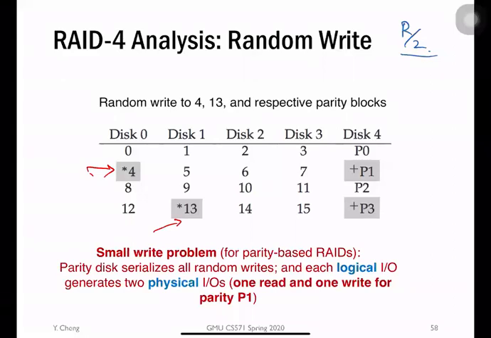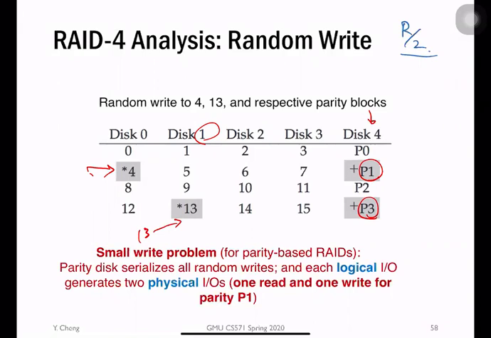In order to update each data block, you have to update the parity as well. Logical block 4 has its corresponding parity block stored in the fifth disk, which is P1. If you concurrently update another logical block, logical block 13 stored on disk 1, its associated parity block is also stored on disk 5, which is parity 3.